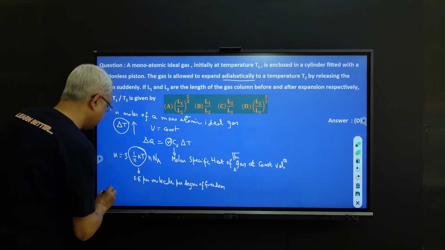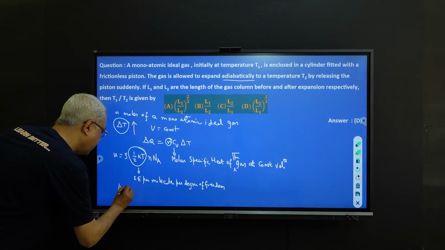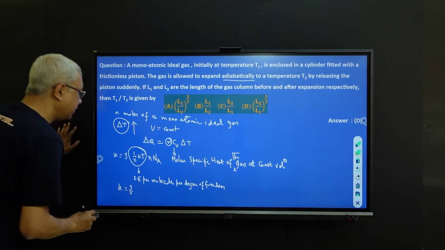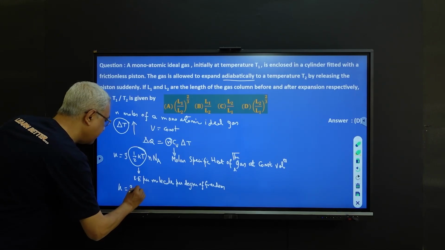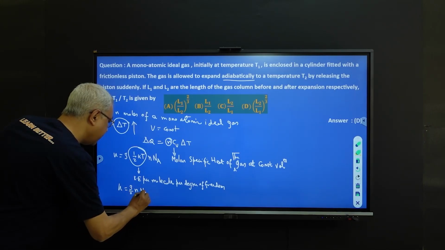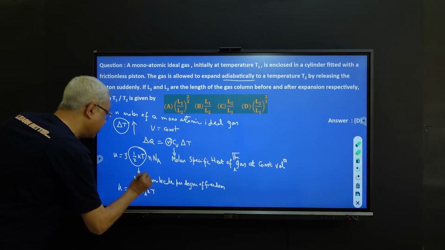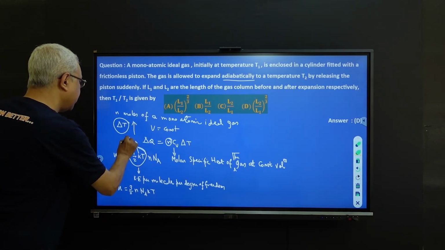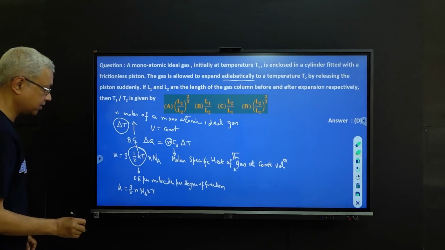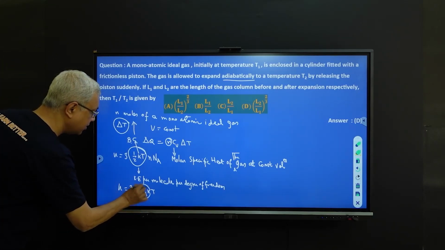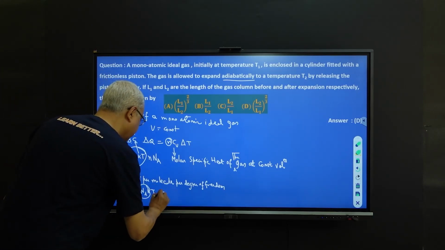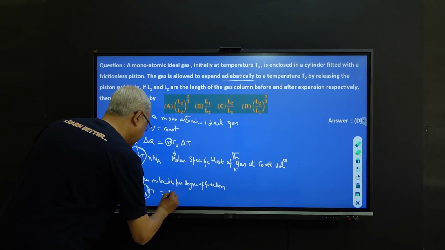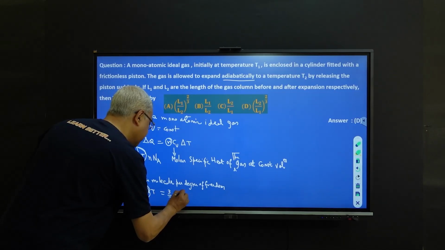So U is 3 by 2 n Na multiplied by kT. Here k is the Boltzmann constant. You know that. So Na into k is actually R. 3 by 2 nRT.